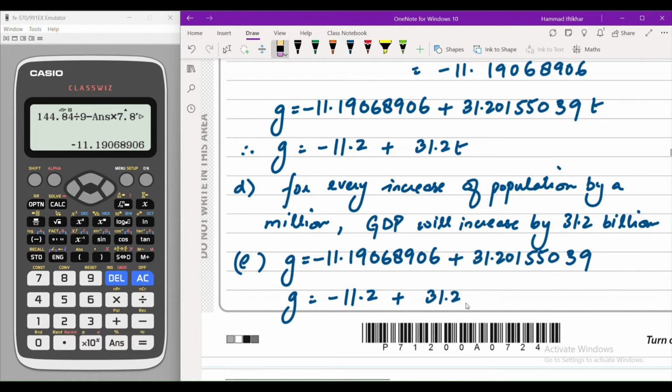So 7, 7. Both are fine, but it's up to your taste over here. This plus 31.2015503.9 times by 7.